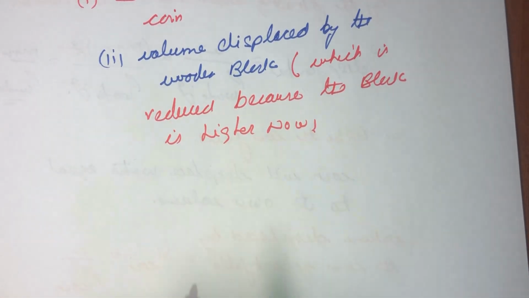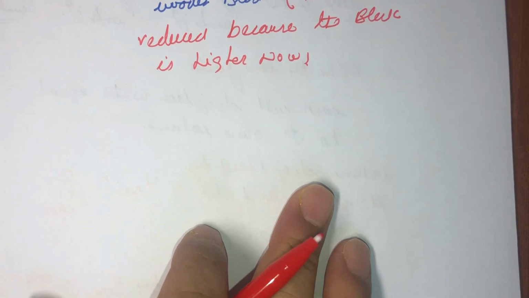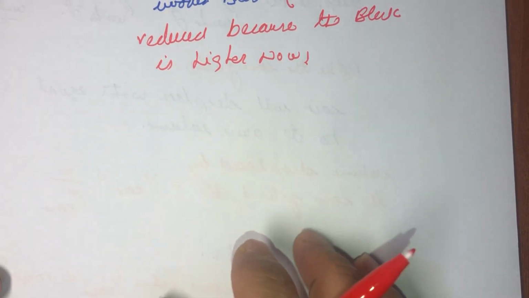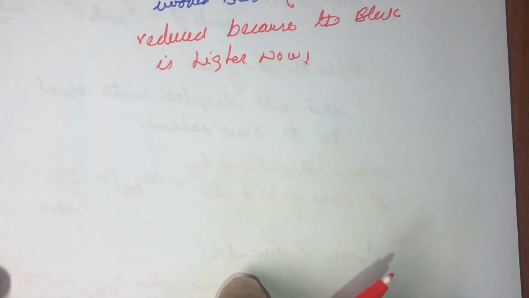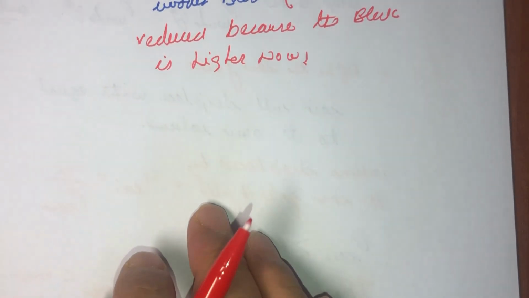As the coin falls, the block rises, so the length or the volume submerged in the water decreases, which we proved in the first part, that L prime, the length, decreases.